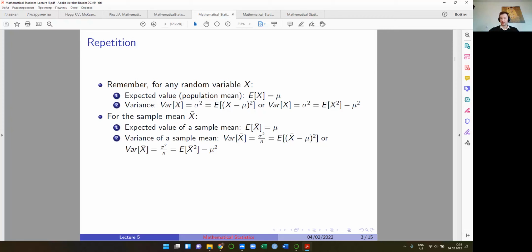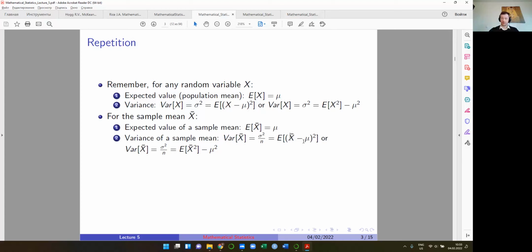If here was the variance of x, and I took x minus mu squared, and then I calculated the expectation of this expression, now I'm looking for the variance of x bar, which means that it's going to be x bar minus mu squared. Again, it is not calculated, it is derived with the help of integrals, so with the help of probability mass function.